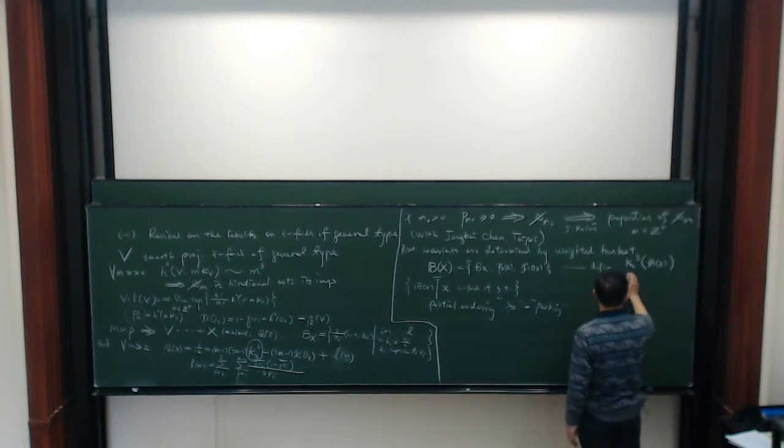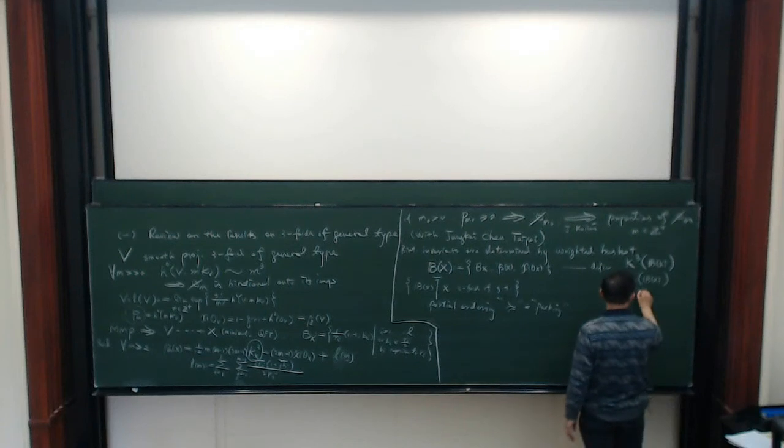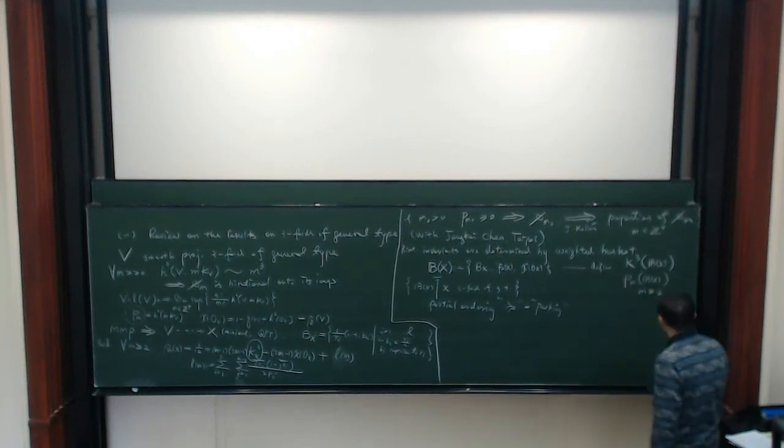This is equivalent to the volume. Another one is the plurigenus P_m of B_X, for m equal to 2.